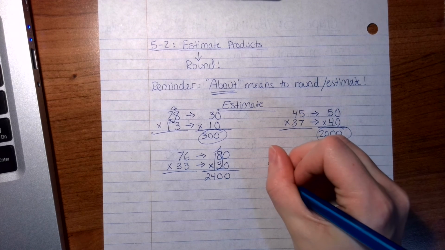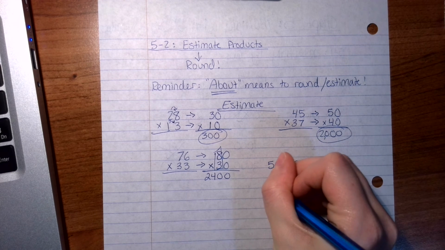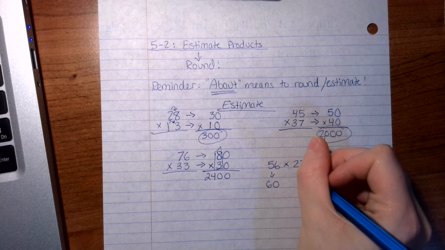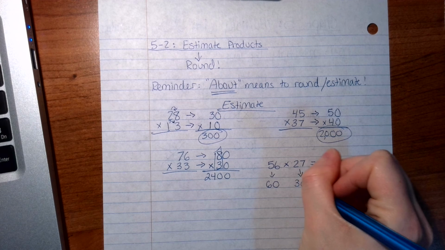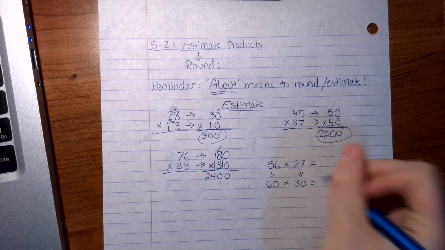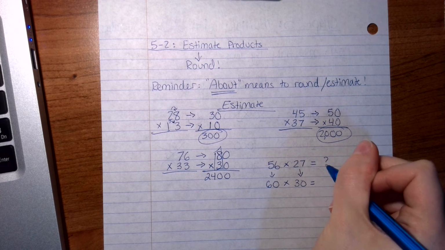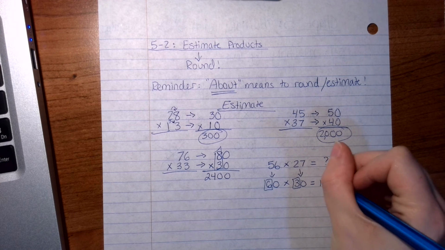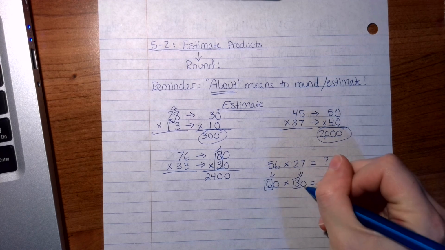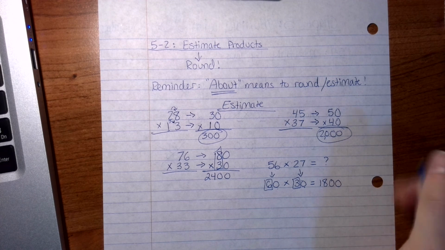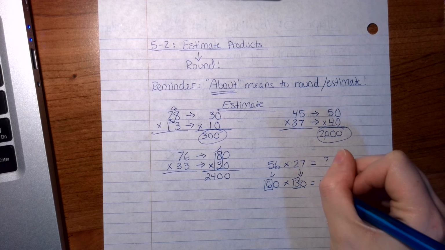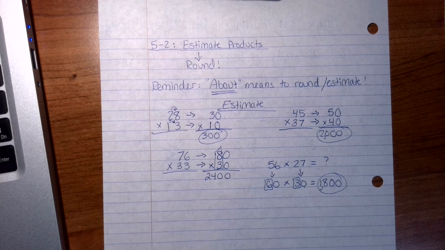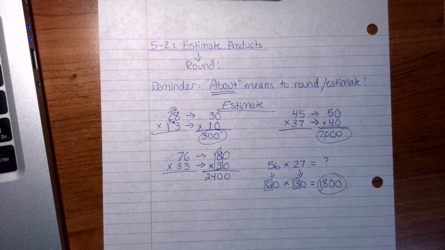So 56 is closer to 60 than 50, and 27 is closer to 30. When I multiply, I will get 6 times 3, which equals 18, and then there's 2 zeros. Put those on. 1, 2, 3, scoop. And 1,800 is my final answer.